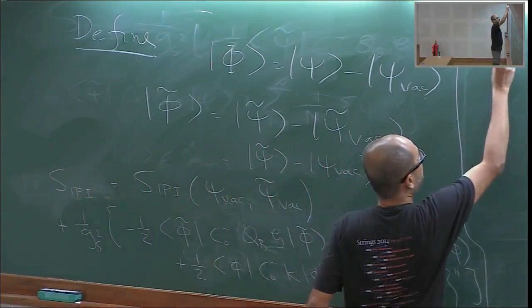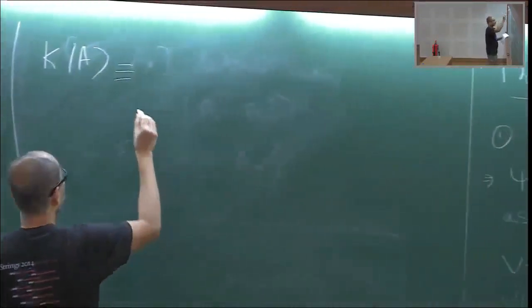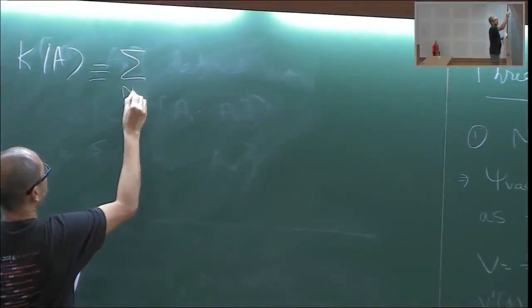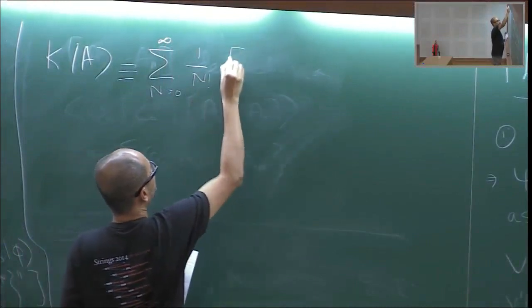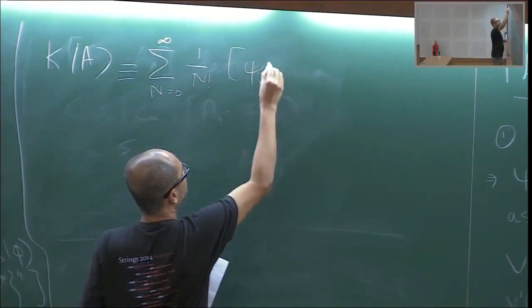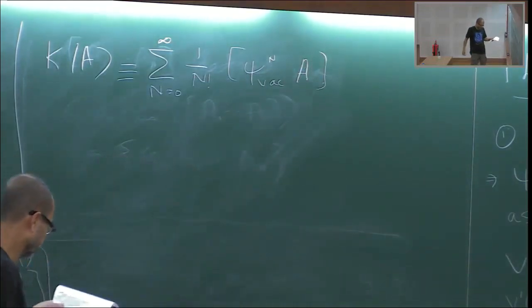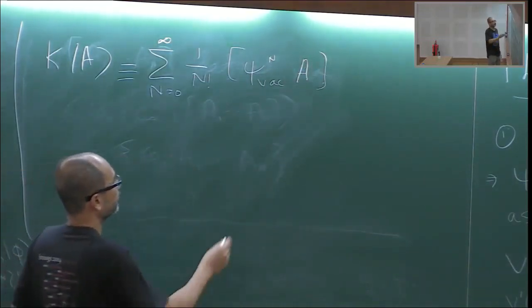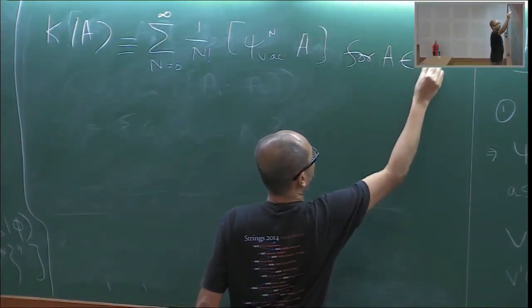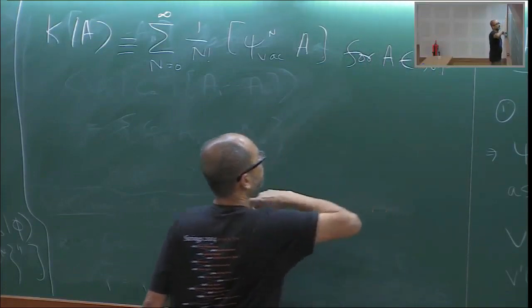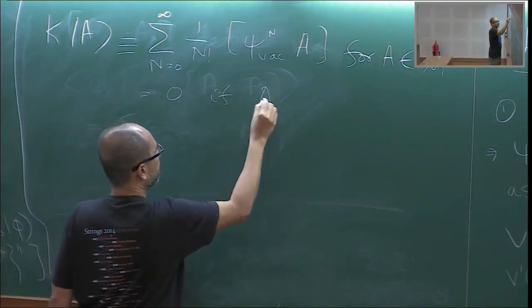So K on A is by definition, over n, for A belonging to H hat T. And we define this to be 0 if A is outside H hat T.